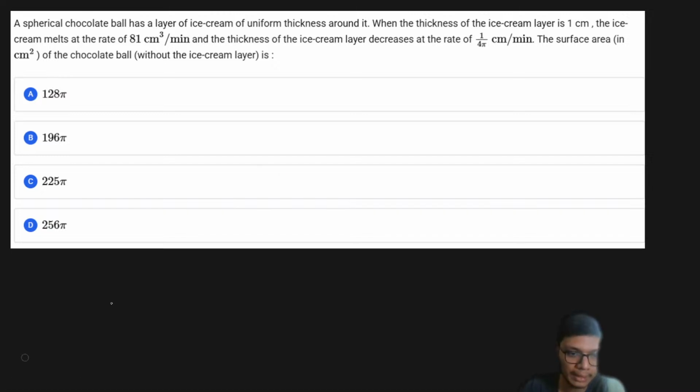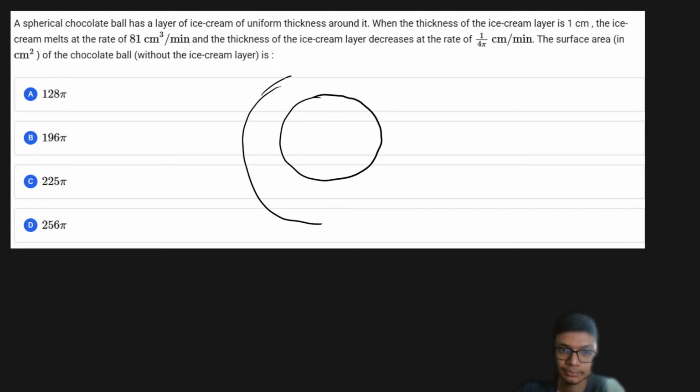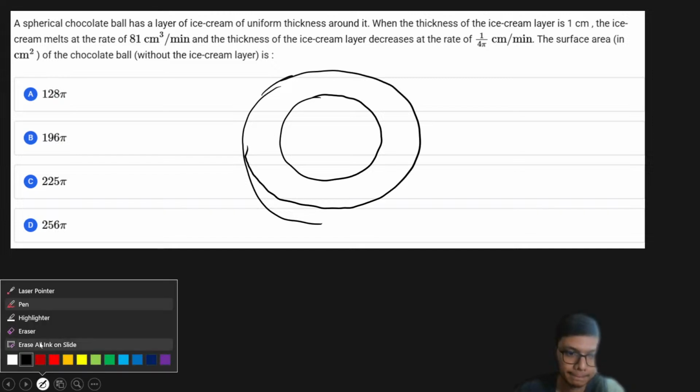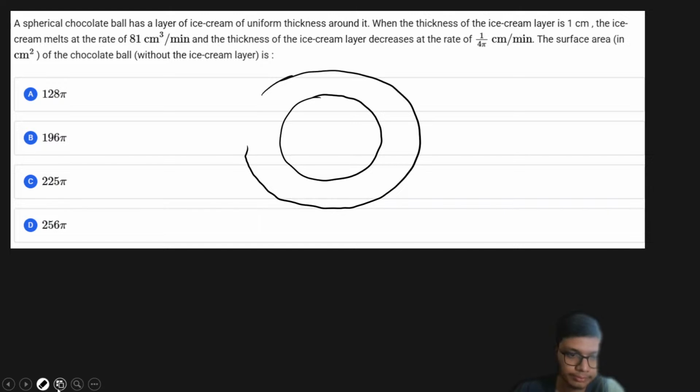So if we look at this problem, let us say this is a spherical chocolate ball and it has a uniform thickness of ice cream.